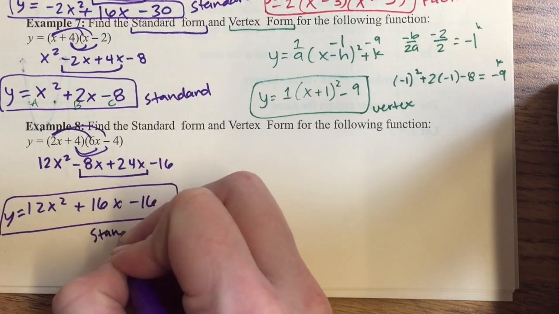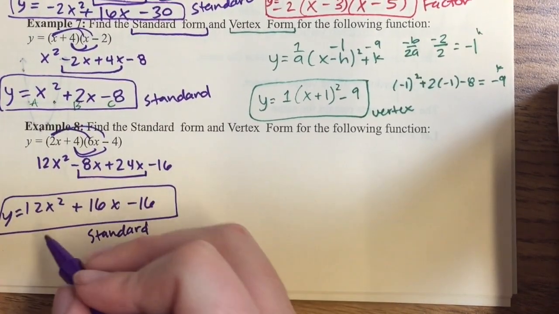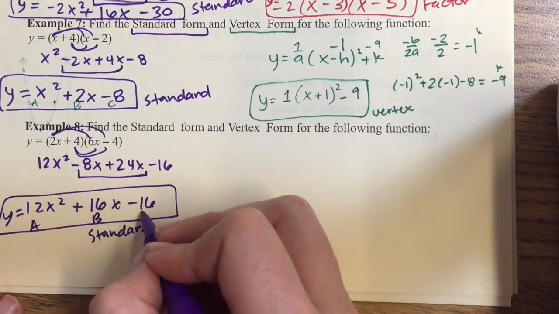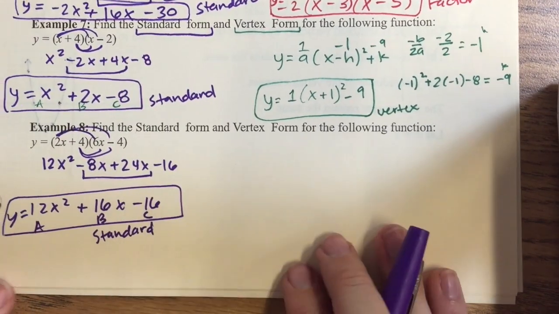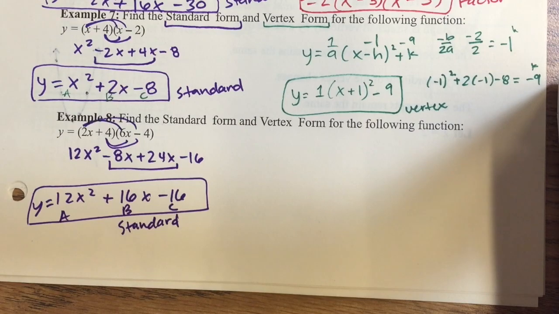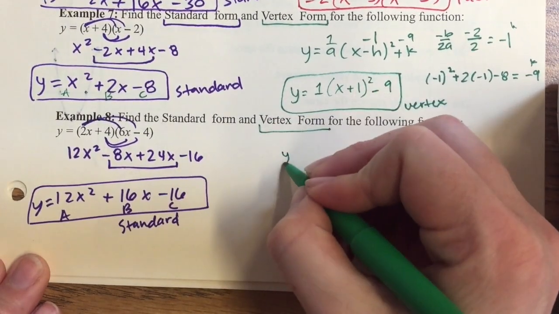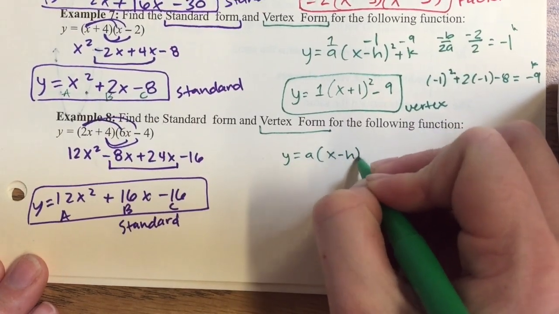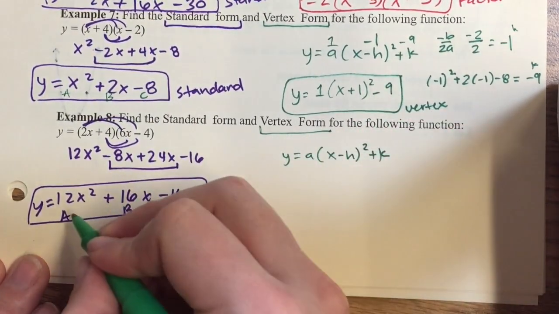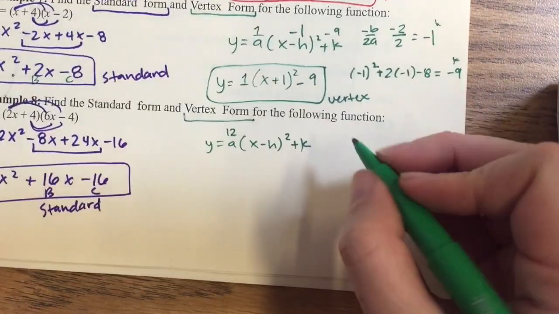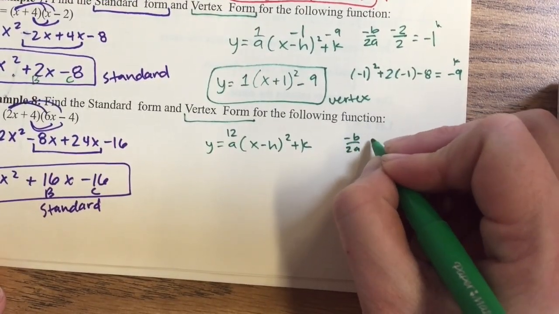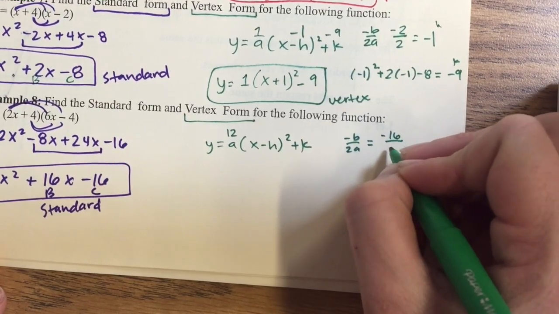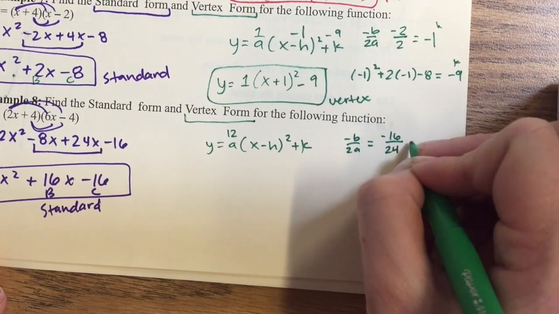There's standard, because I have A, B, and C. Then I want to find vertex form. Y equals a(x minus h) squared plus k. I know a is 12. H is negative b over 2a. Negative 16 divided by 2 times 12 is 24.